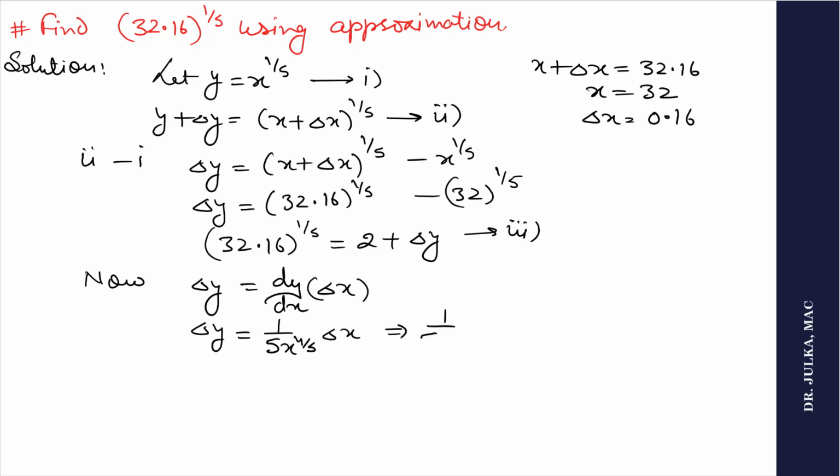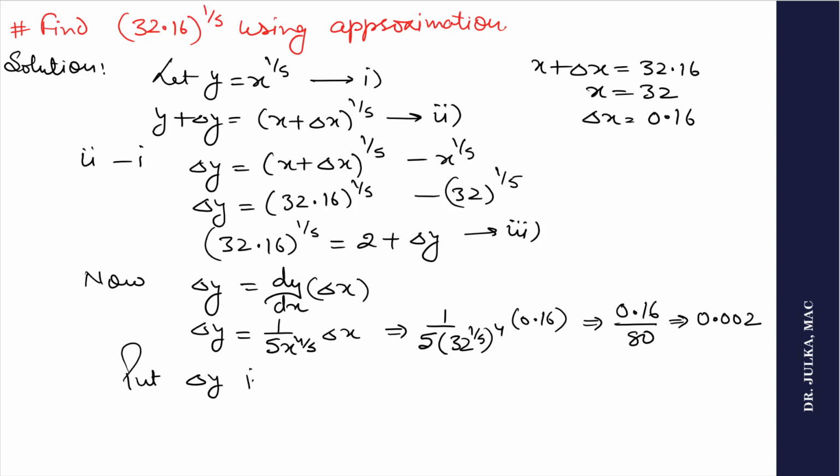Now we can write x raised to the power 4 by 5 as x to the power 1 by 5 the whole power 4, and replace x by 32 and delta x by 0.16. After calculation we will get the value of delta y equals 0.002. Put delta y in third and we will get 32.16 raised to the power 1 by 5 equals 2 plus 0.002. So the answer is 2.002.